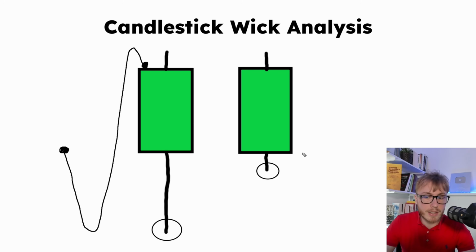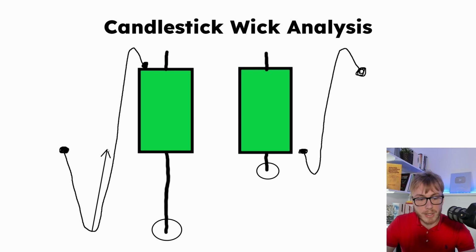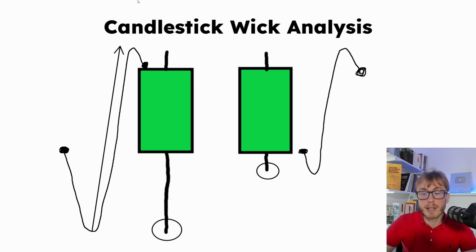But if you take a look at the candle to the right here, we can see that it has a similar start. But during the candle, it went down to this point, it went up to this point, and then it went down. So here, for the candlestick to the right, you can see that the move we saw from the low to the high was much, much longer compared to the move we saw here to the right.